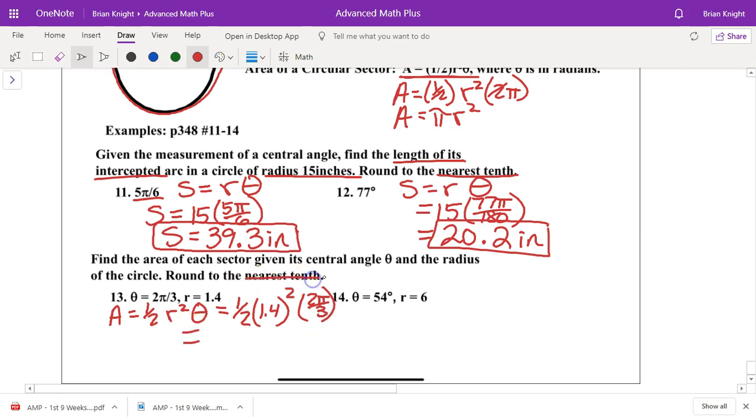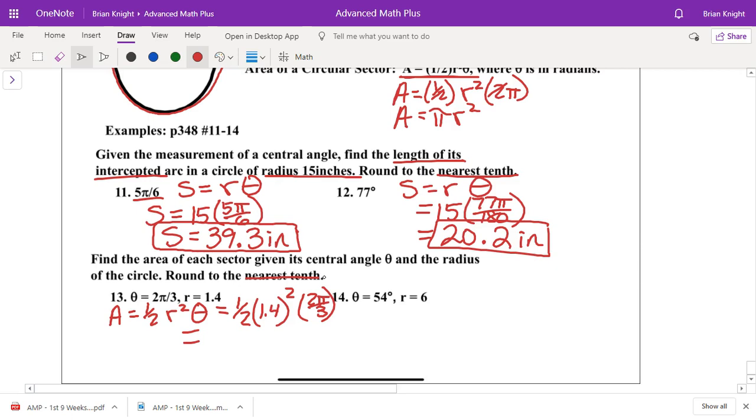And again, you just put it all in your calculator and round to the nearest tenth. Very, very simple if you know the formula. 0.5 times 1.4 squared times 2 pi divided by 3.